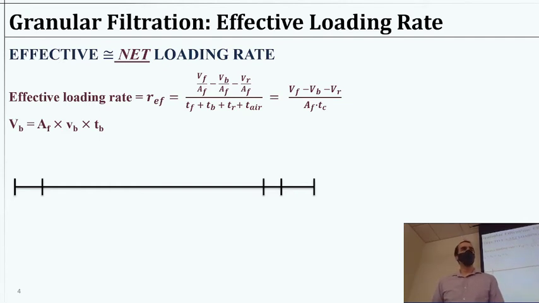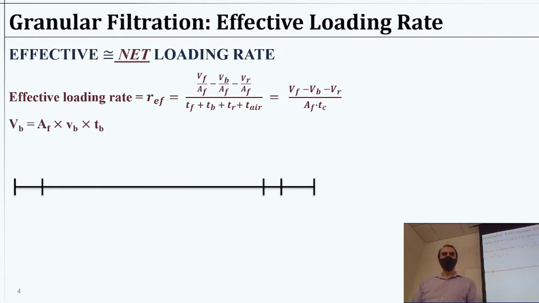The fact that we do air purges, like I mentioned earlier, can change things. Like if we had no air purge, all we had was our backwash and rinse, then perhaps we could get our effective loading rate based on the filter efficiency and not have to do much more problem solving than that.